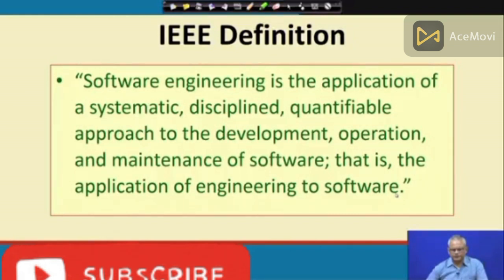So, the IEEE definition also says that software engineering is the engineering approach to develop software, and it further elaborates this by saying application of a systematic, disciplined, quantifiable approach. And all these approaches, as you will see, have been developed from the experience of programmers over the last several years.